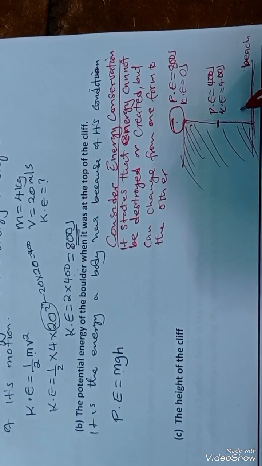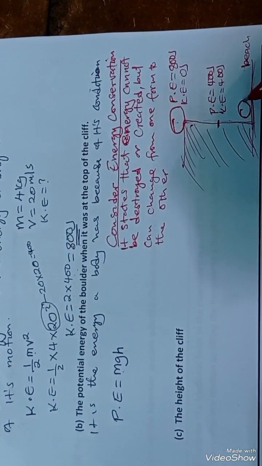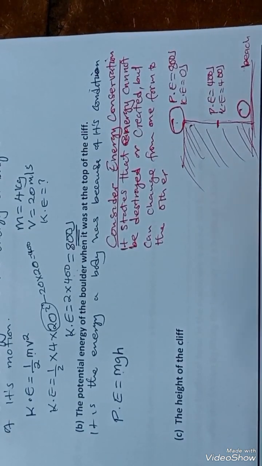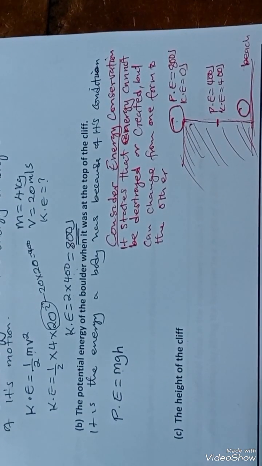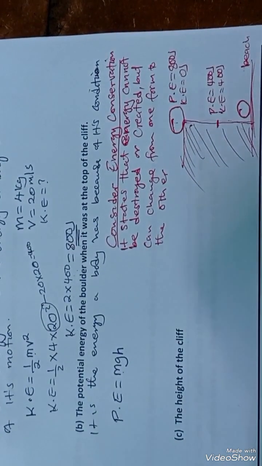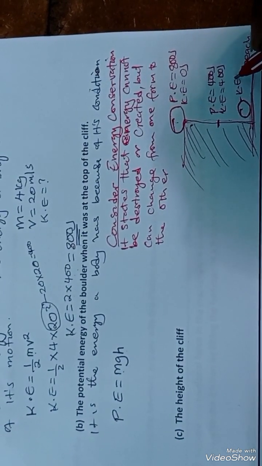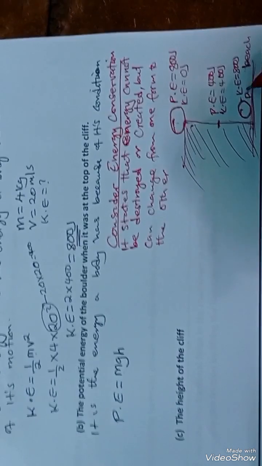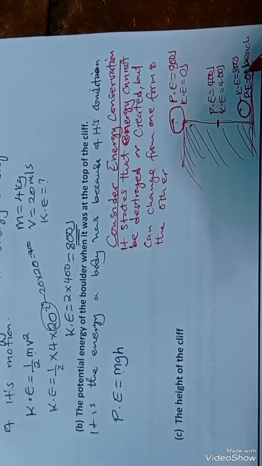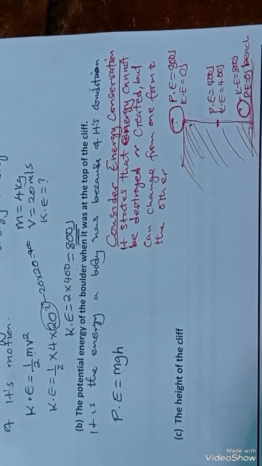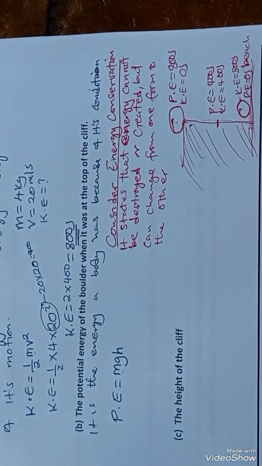As it hits the beach, kinetic energy becomes 800 joules, then potential energy 0. Energy cannot be destroyed or created, it can only change from one form to the other.